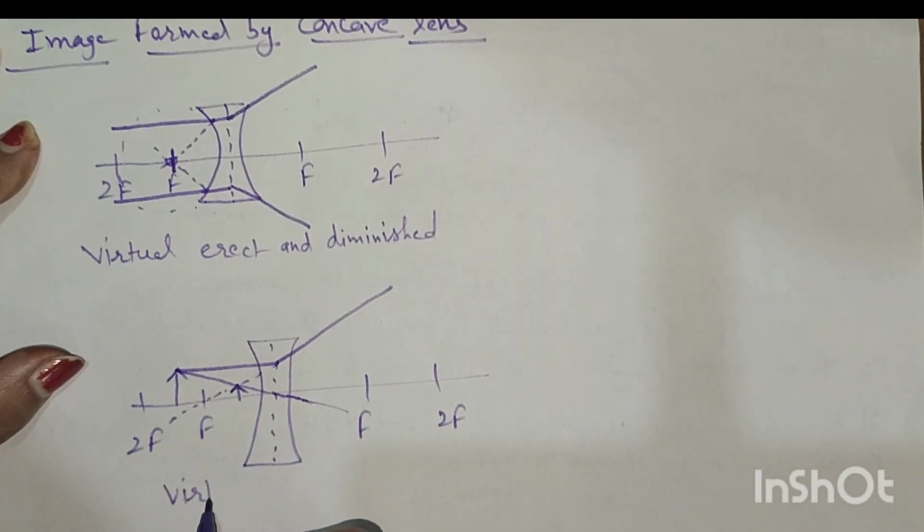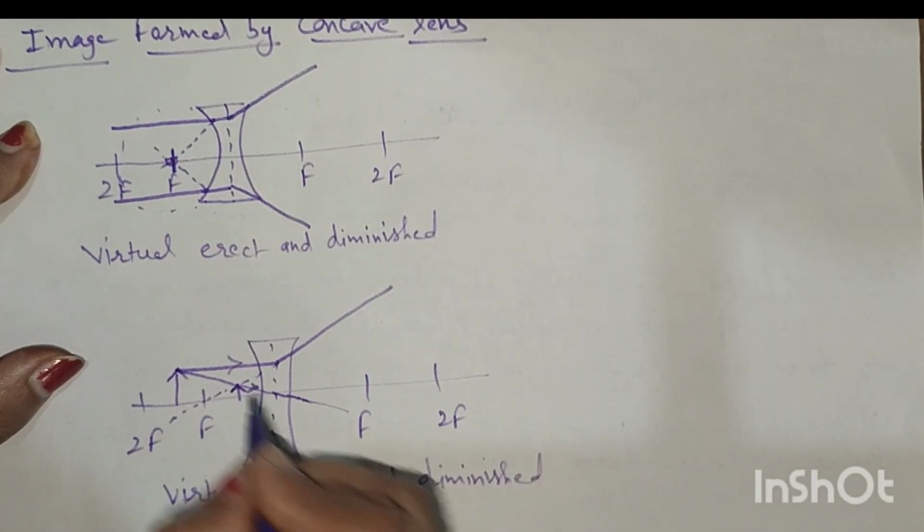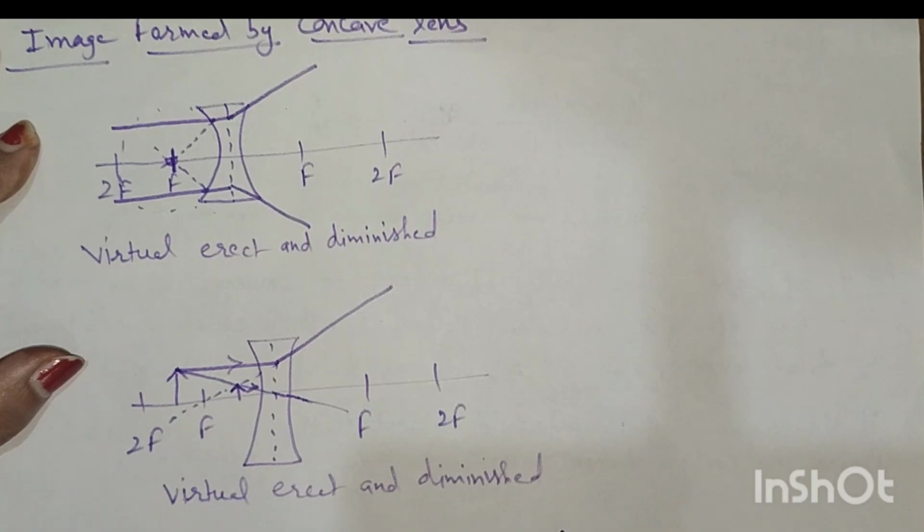The image is virtual, erect and diminished in size. Mark the arrow to show the direction of the rays.